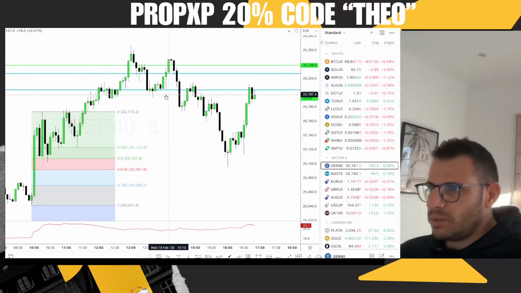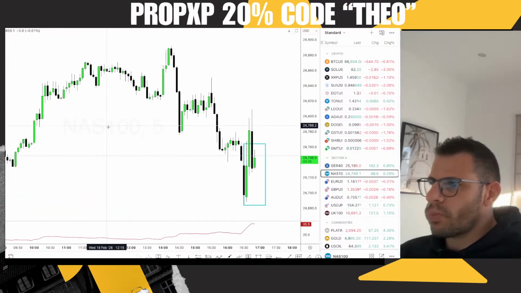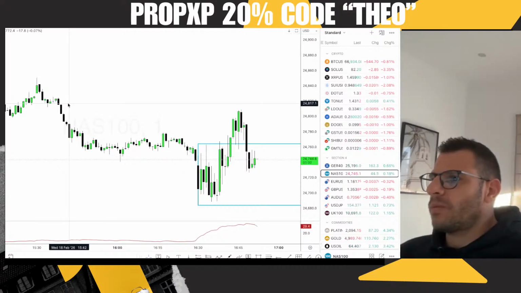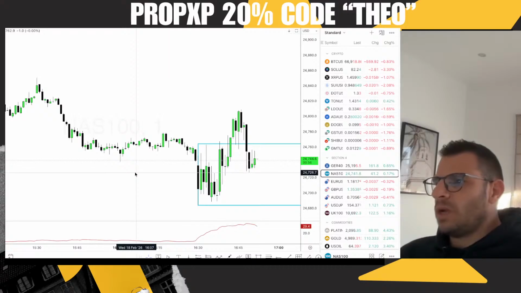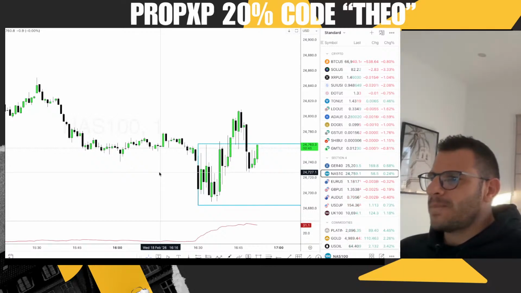German 40 also is picking up. If we break below these lows, then maybe we're going to have a bearish move. If not, it will be good.